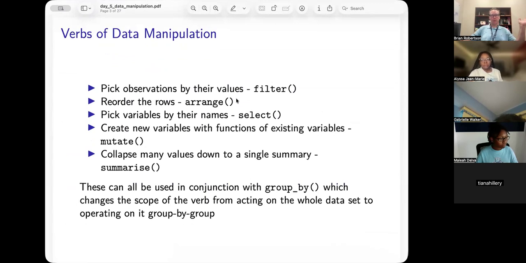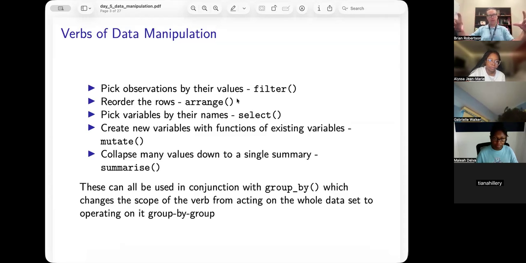Does anybody have any questions before we tack into data manipulations? Nope, we're good. Cool. Okay. So data manipulation, just like we've been doing with plots, has verbs, right? So we start with some data, that's our noun, and then we have a verb, which is what we're going to do with it, kind of like our function.